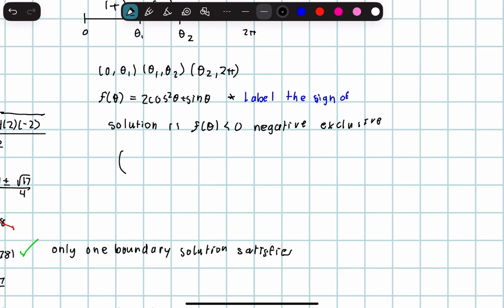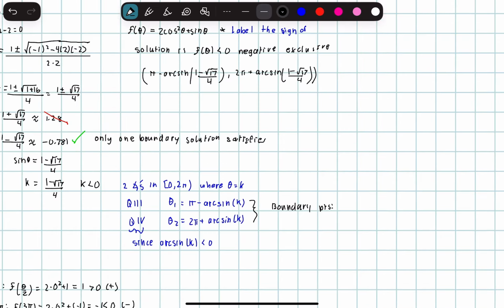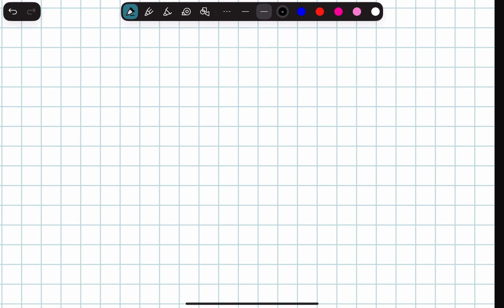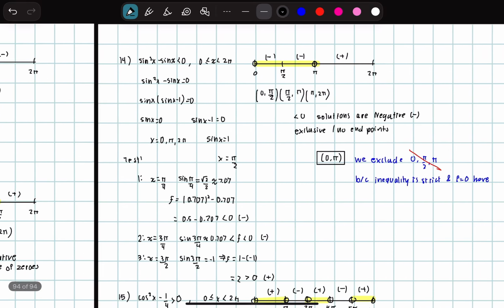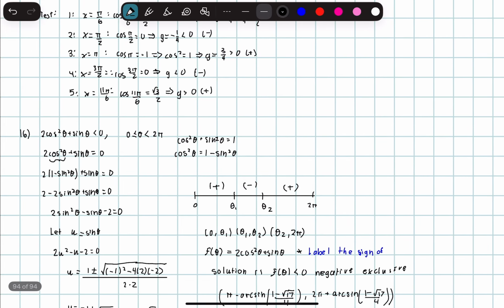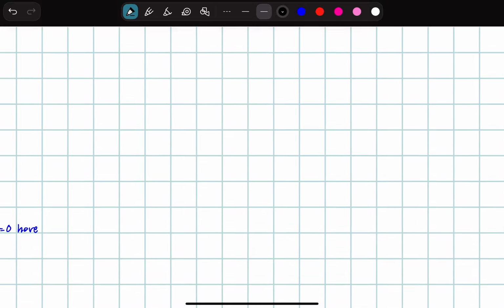So that means it's just going to be pi minus arc sine of 1 minus root 17 over 4, and then 2 pi plus arc sine of 1 minus root 17 divided by 4. And yeah, now let's do one more problem. That was question 16, so we're going to do question 17.